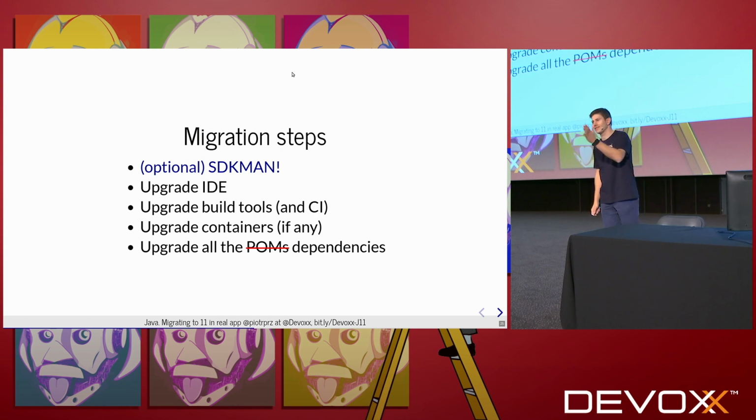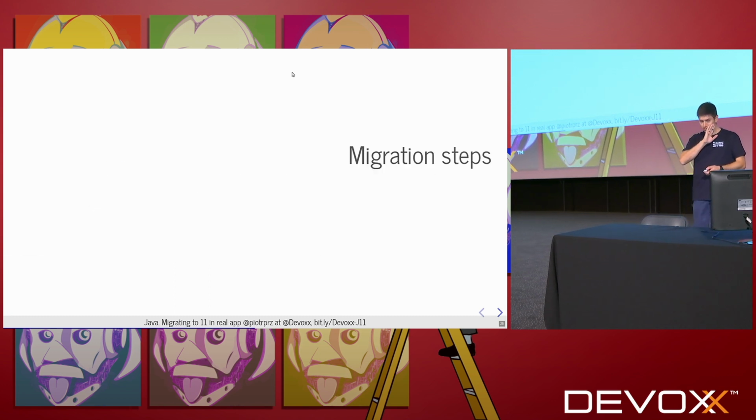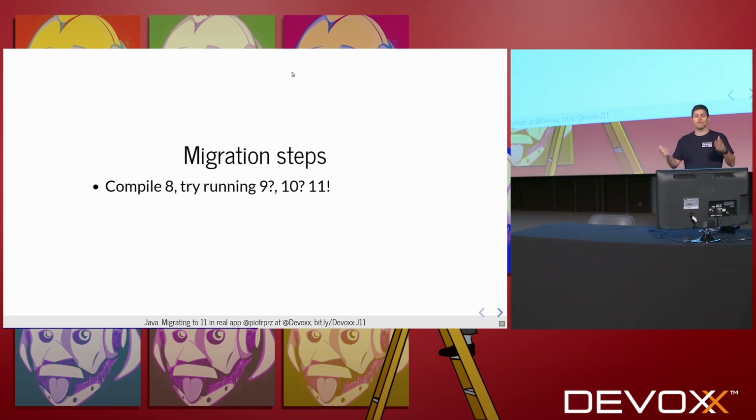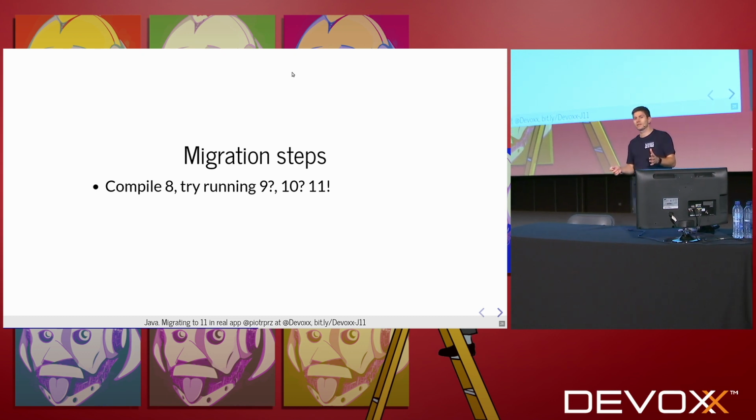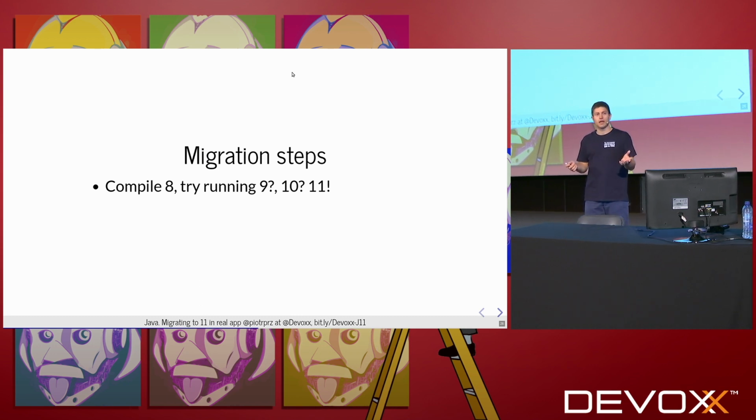But if you want to run it on Java 11, it might be that you need to upgrade the dependencies because some of the libraries are calling pieces of API which are gone. For example, some methods from sun.misc.Unsafe, right? That's why you have to upgrade the dependencies in the POM or Gradle file, basically. So finally, you can compile setting 8 as a target version and try running as 11 and maybe as Java 9 or 10.